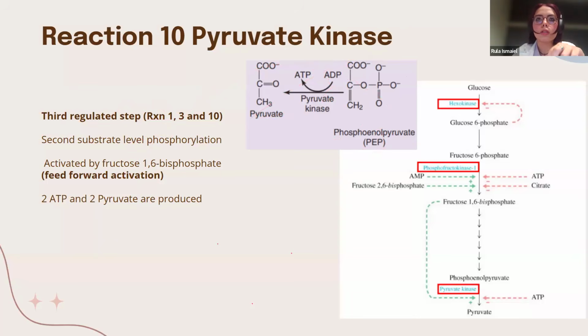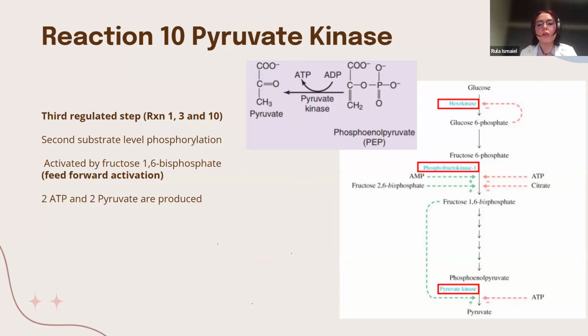Something to look out for is fructose 1,6-bisphosphate. It is a feed-forward activation, which basically means an earlier intermediate of the reaction stimulates the enzyme towards the end, telling it, hey, get ready, we're coming, be on your tippy toes so that you can create the final product.